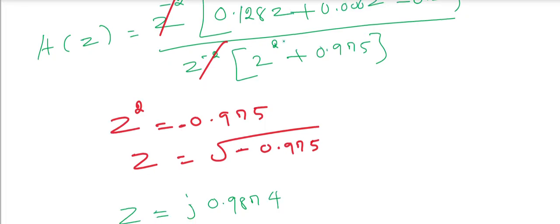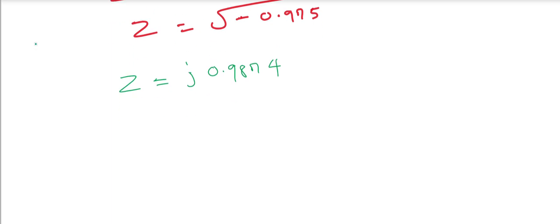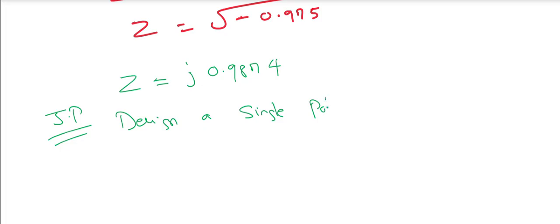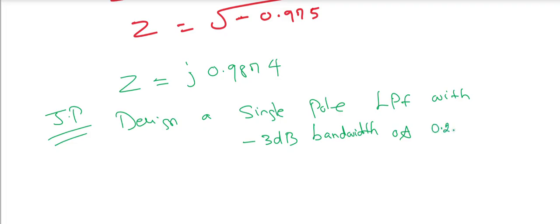Again one more problem, you can refer to the problem: design a single pole low pass filter with a 3 dB bandwidth of 0.2 pi using bilinear transformation.